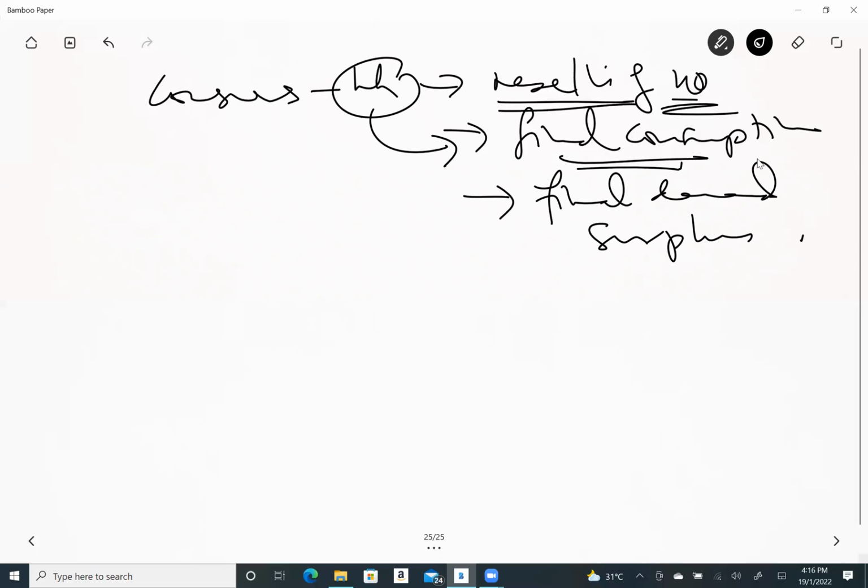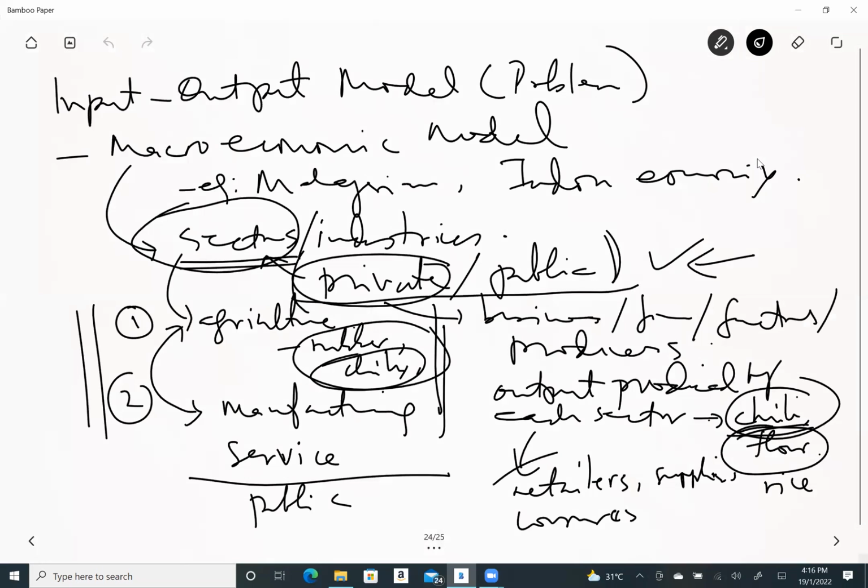Now, if that goes to retailers or suppliers, they're going to be reselling. So other than selling to the consumers, who buys chili from the retailers, other than the household consumers?